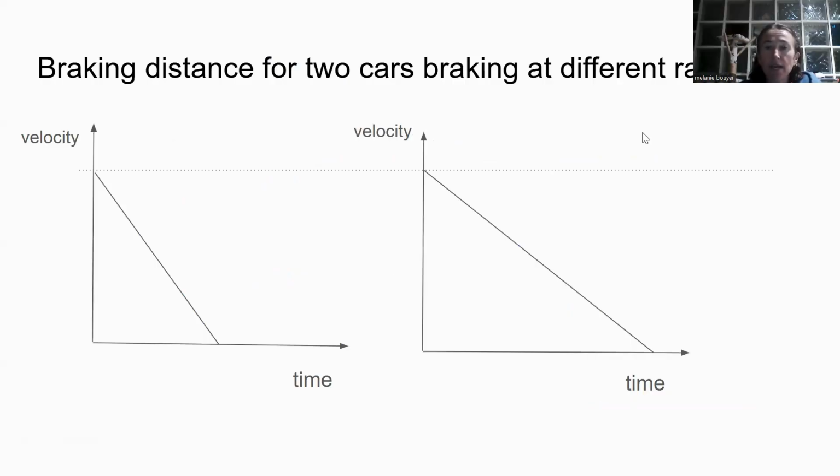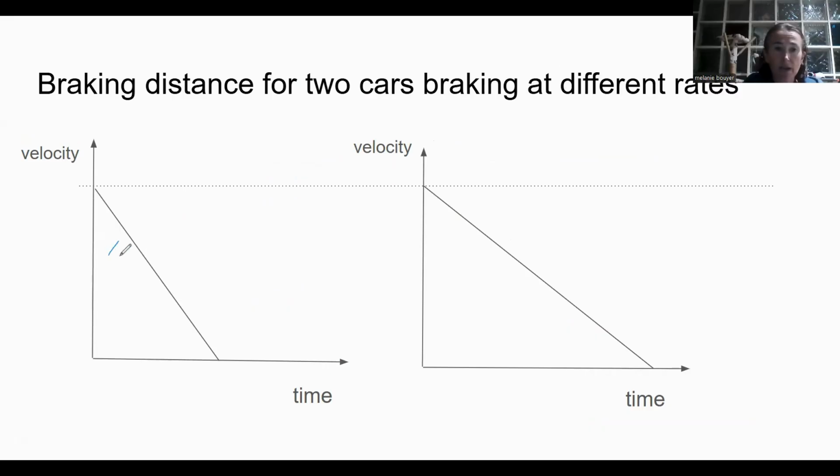Okay, I just wanted to put here a couple of graphs that link to our velocity-time graph. So here you can see a comparison between two braking distance graphs for two cars braking at different rates. Now they are starting from the same velocity, as you can see. And remember, the distance on a velocity-time graph is the area under the graph. So the area here will be your braking distance.